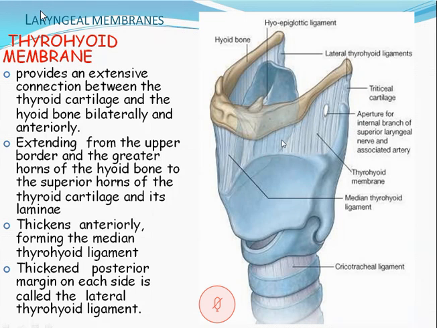It is thickened anteriorly to form the median thyroid ligament, and it is thickened posteriorly to form the lateral thyroid ligament, this part. And it has a small cartilage, as you can see, called the triticeal cartilage.